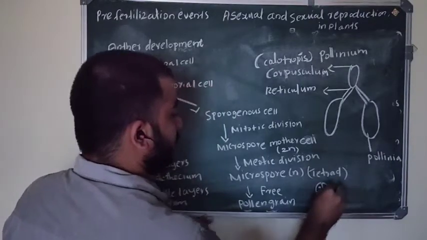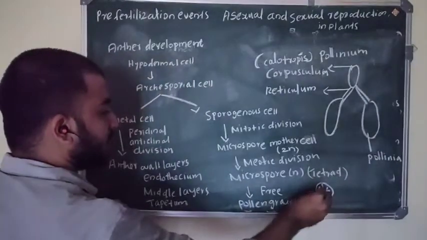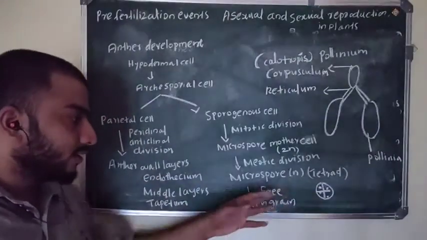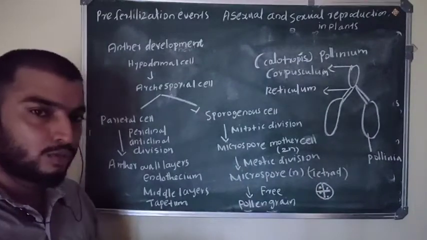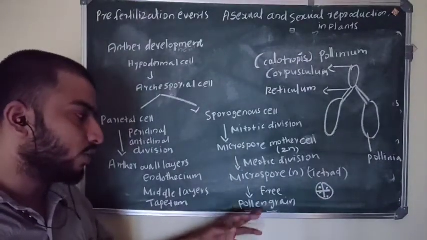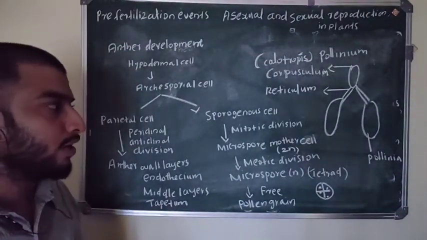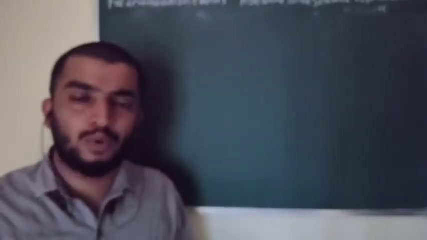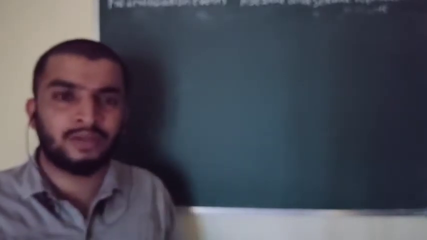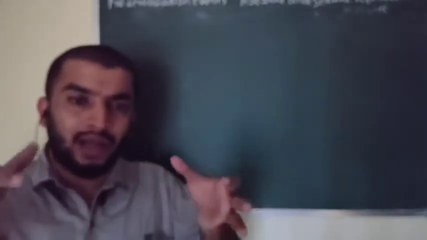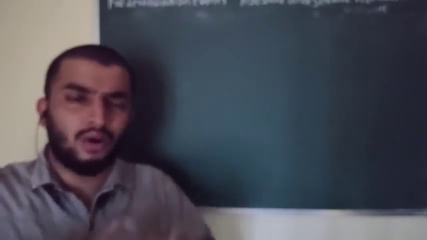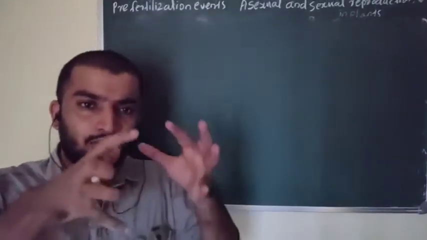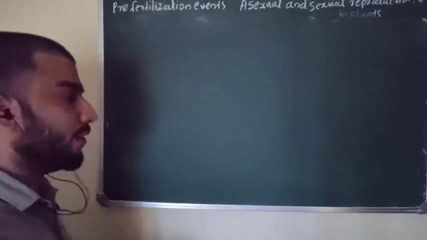So this is one microspore, this another, and this another. They form a tetrad, and from this tetrad each microspore becomes free and is converted into a pollen grain. Then in some higher plants, the microspores present in the microsporangium or anther are held together as a mass, and they form a structure called pollinia.